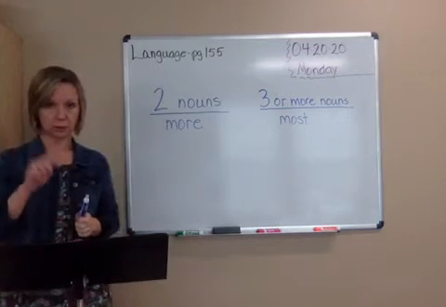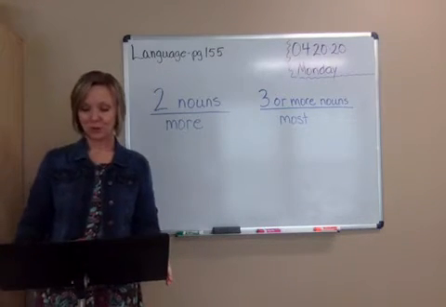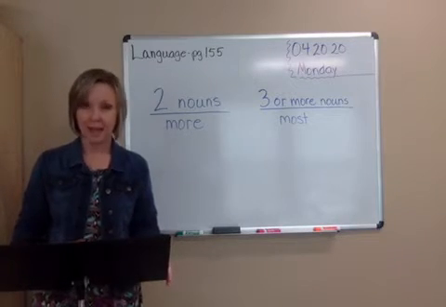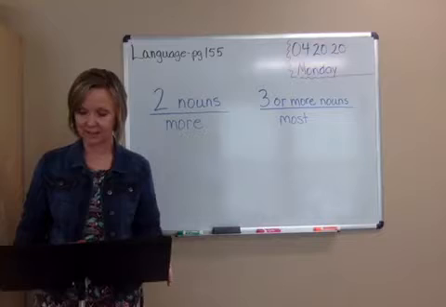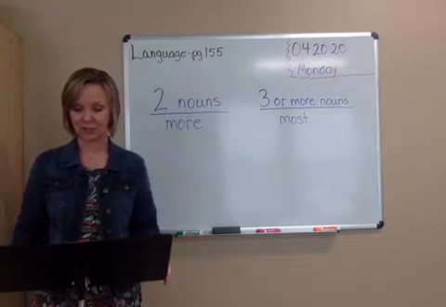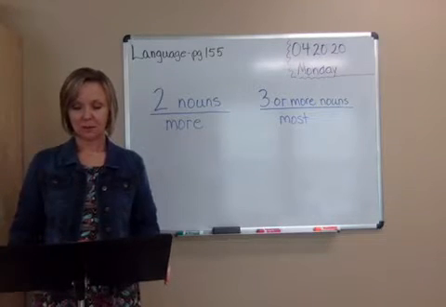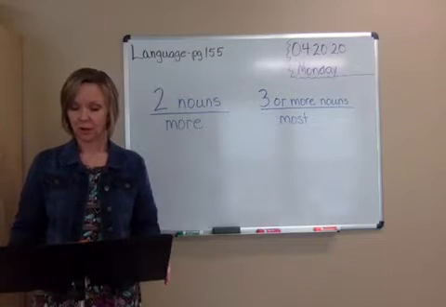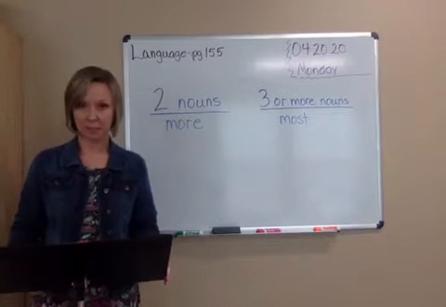Okay, look at the little stars there. Do not add the word more or most and ER or EST to the same adjectives. It's bigger, it's not more bigger. Or biggest, not most biggest.